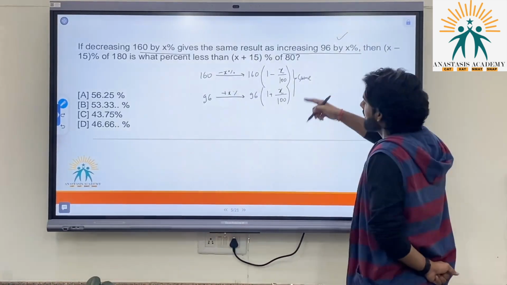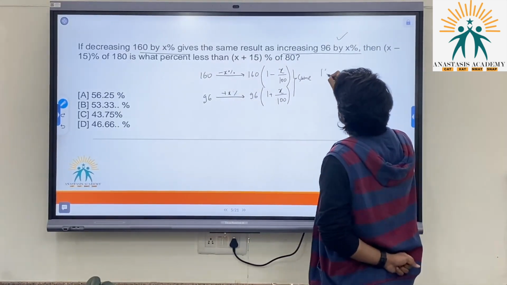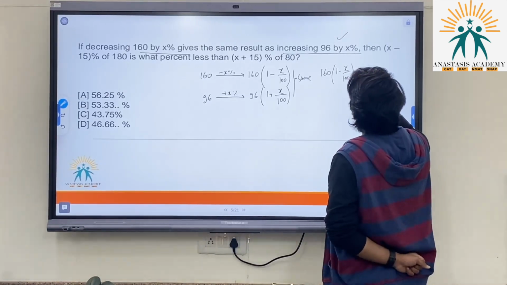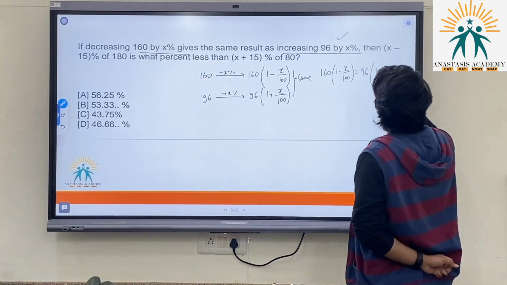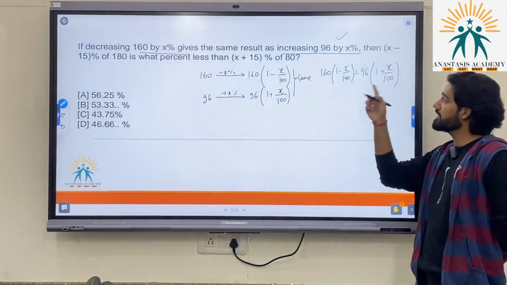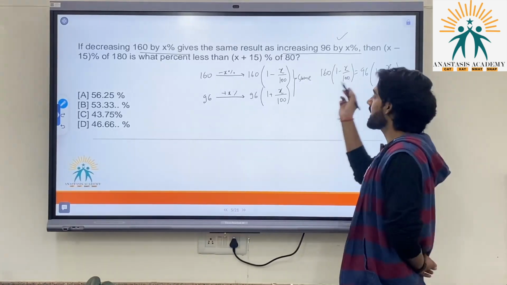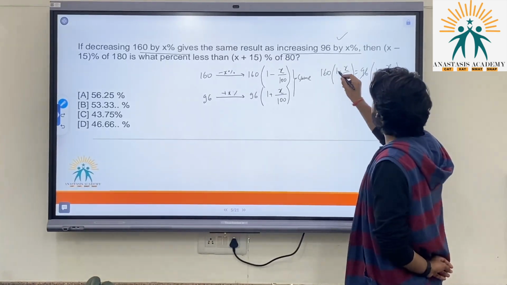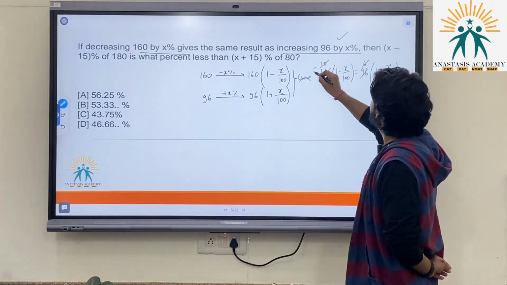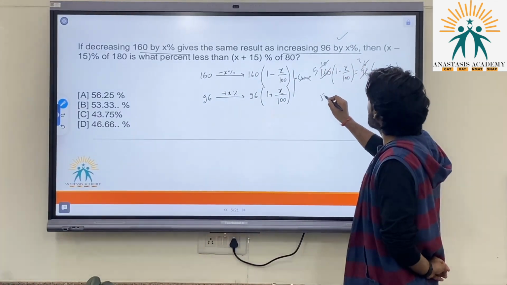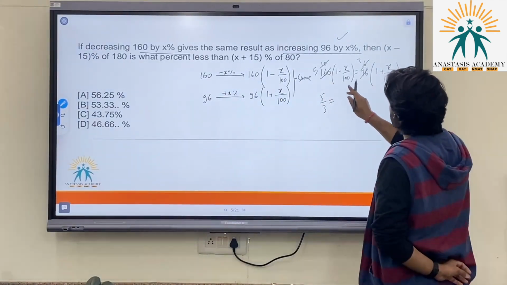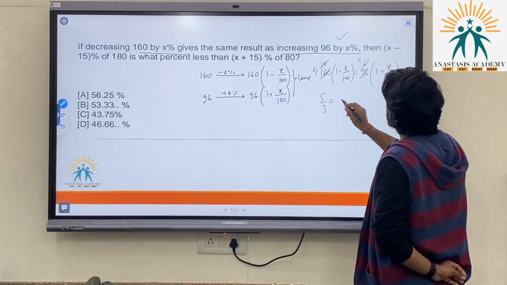If these values are same, I can equate them easily. So 160(1 - x/100) is equal to 96(1 + x/100). Simplifying this equation or cancelling out terms, what do I get? 5/3 is equal to (100 + x)/(100 - x). The 100 cancels out.